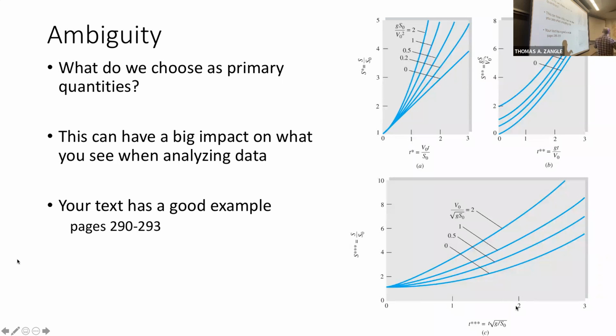And each one of them tells you something a little bit different. They're all true. They're all correct. But each one of them just gives a slightly different picture of what's going on. So yes, there is ambiguity in what you choose in pi groups, but in a sense, all these different answers are correct if you're trying to find pi groups that describe the problem.